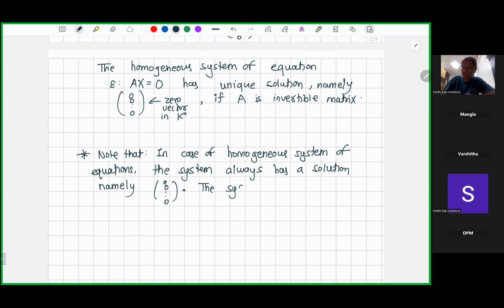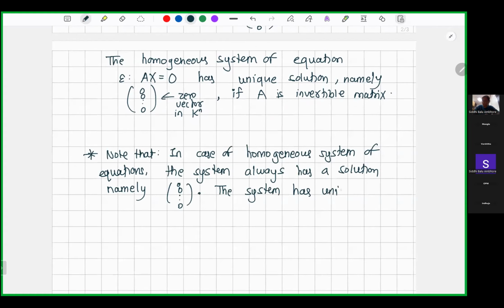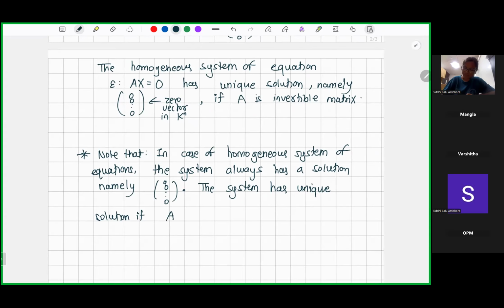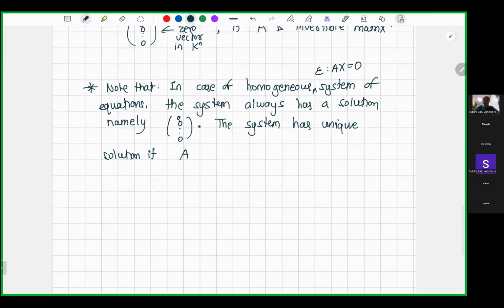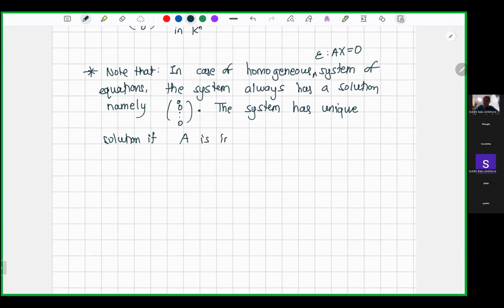And the system has a unique solution if A is invertible, and it has infinitely many solutions if A is not invertible.